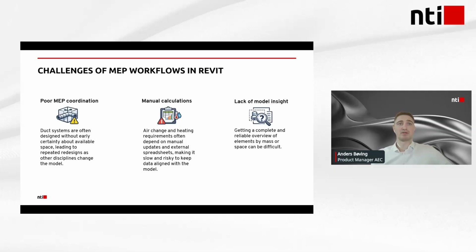The other topic we will address is the manual calculations that you often see today in your building projects. Often these calculations are done in external spreadsheets and then imported back into the model, and there is a high risk of loss of information and also miscommunication. Lastly, we have the lack of model insight.